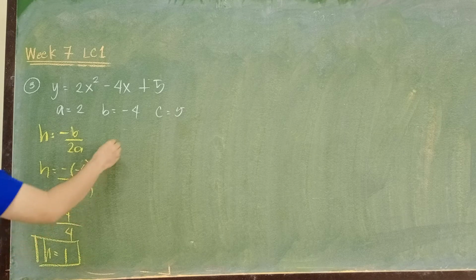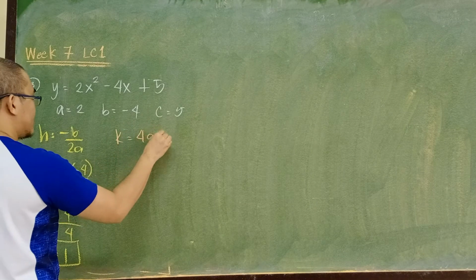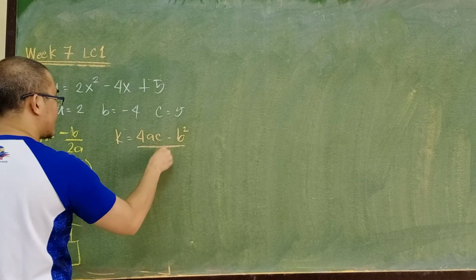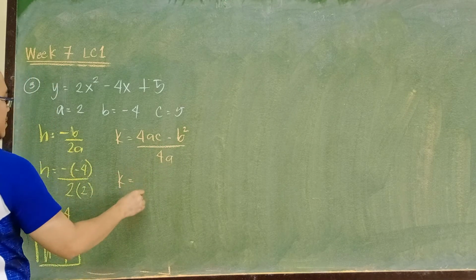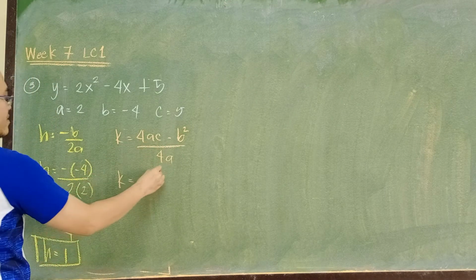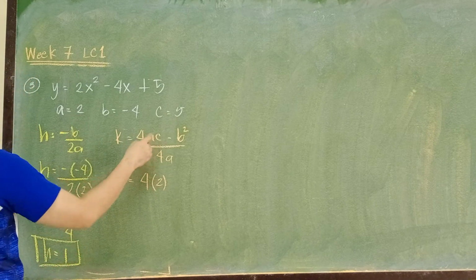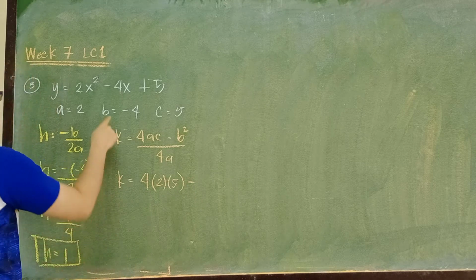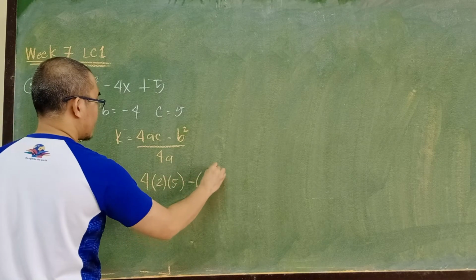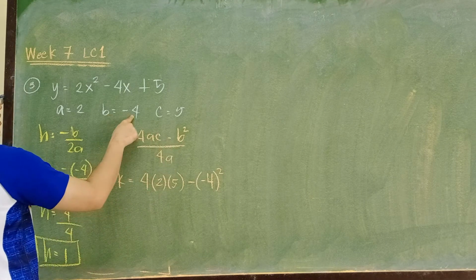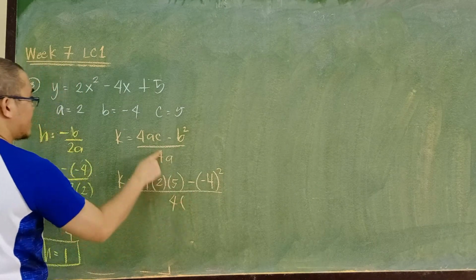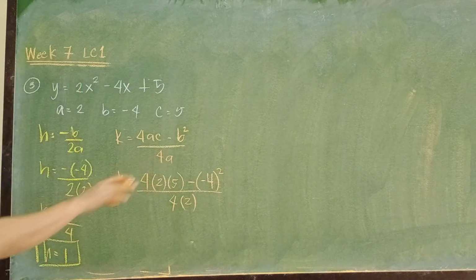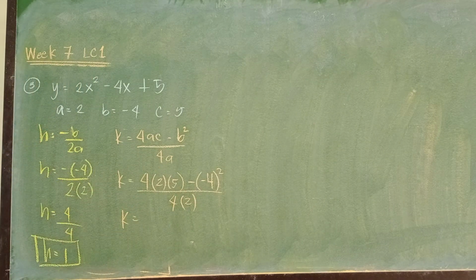Next, para doon sa K, which is 4AC minus B squared over 4A. So 4, that is a constant term. A natin is 2. C natin is 5 minus B, which is negative 4 squared. Tama? B is negative 4 all over 4A. Yung A natin is 2. Then we simplify. 4 times 2, that is 8. 8 times 5, that is 40.